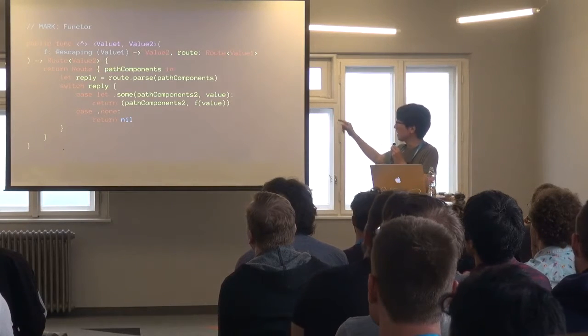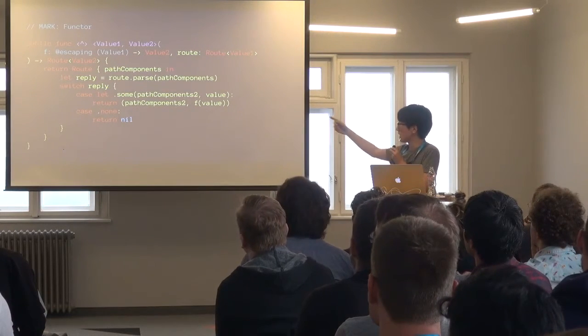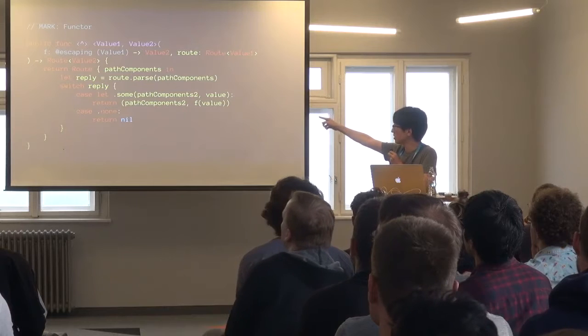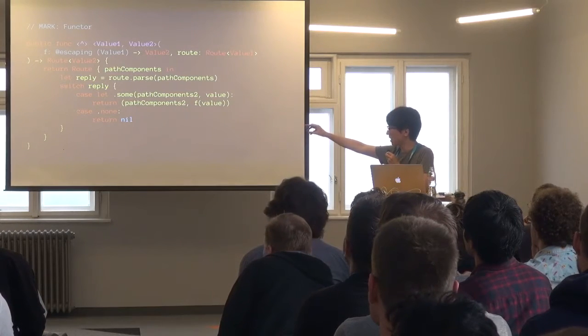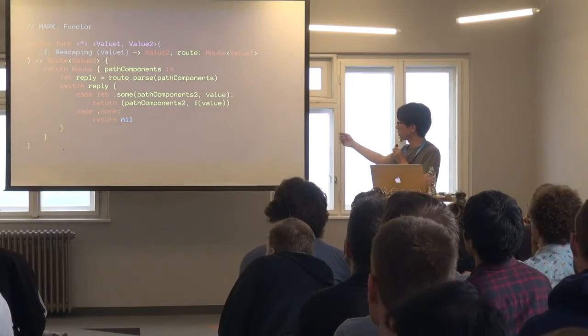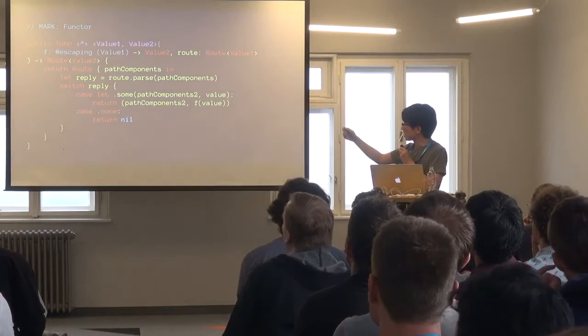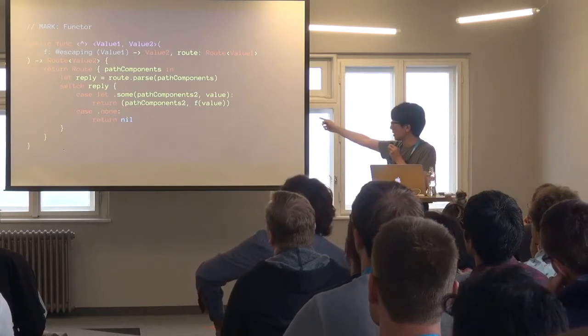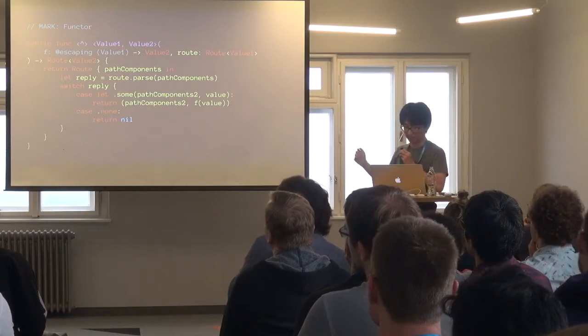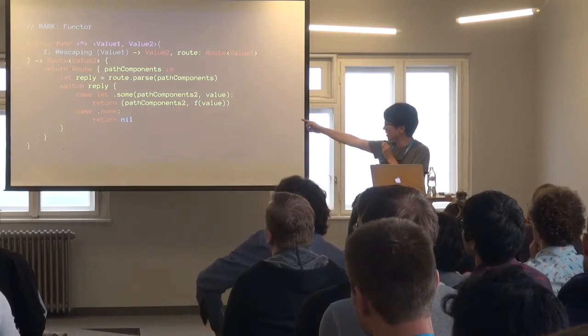We check that, and if the parsing succeeds, there has to be some values. The path components 2 is the remaining path components, and the value is the output. If the parsing succeeds, you apply f to the value and return that as a result. And if the parsing fails, you just return nil.